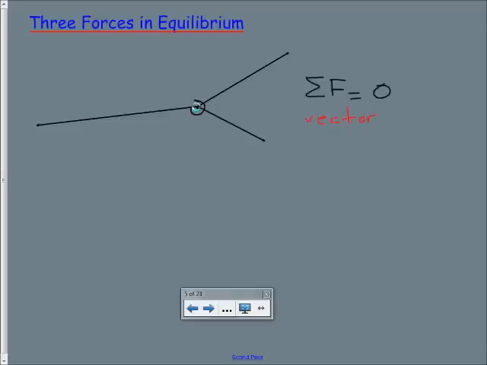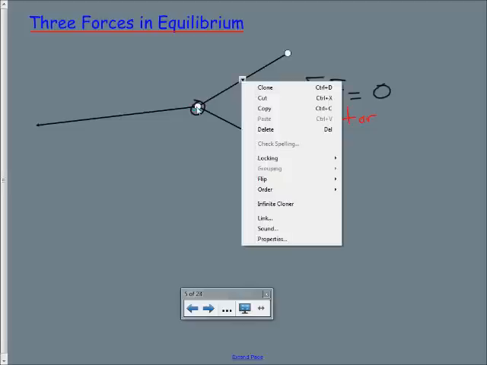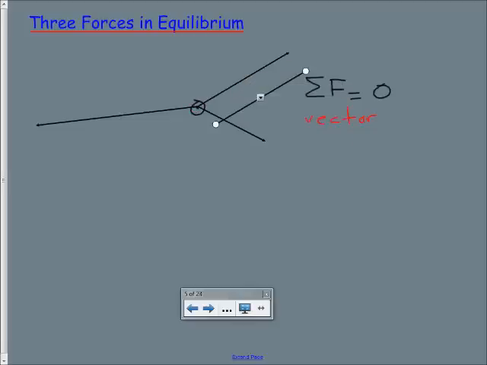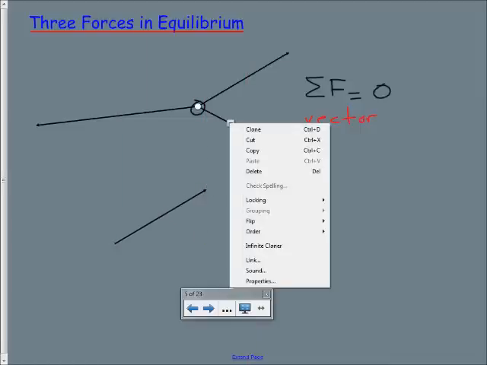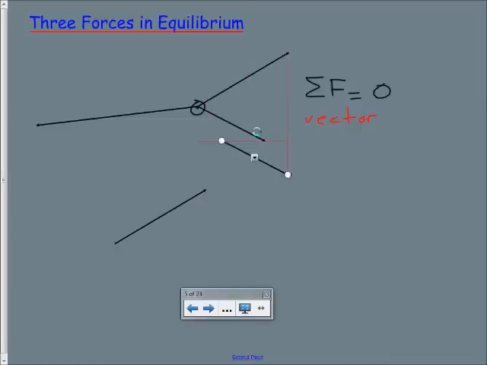All right, so let's just duplicate each of these lines, if I can do that, clone it, and just drag that down here somewhere. Let's take this one, clone it, drag it down here, take this one, clone it, drag it down here, put them together.